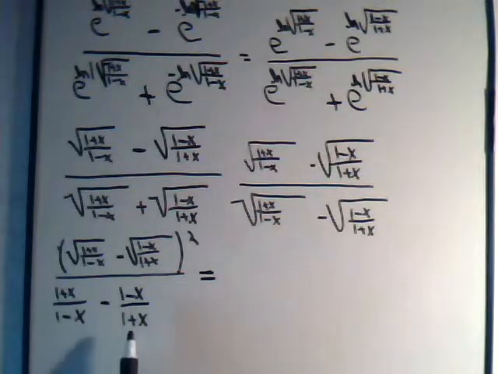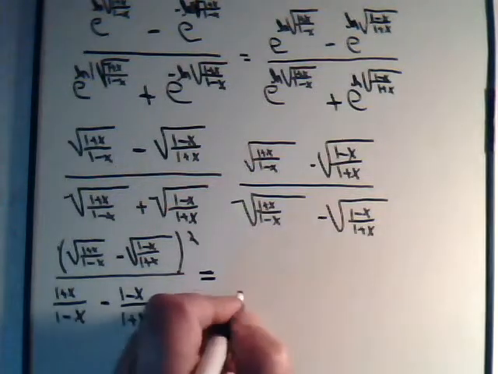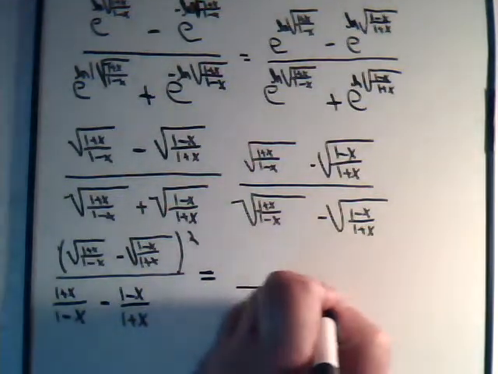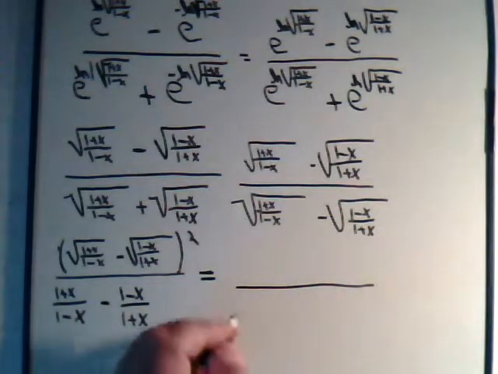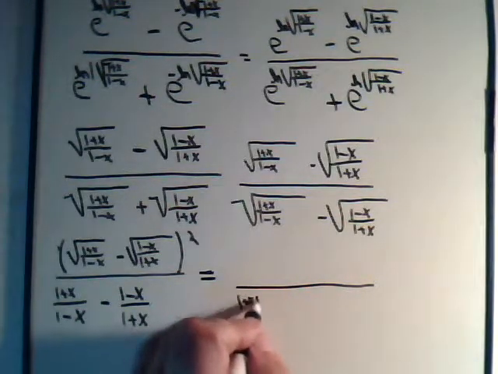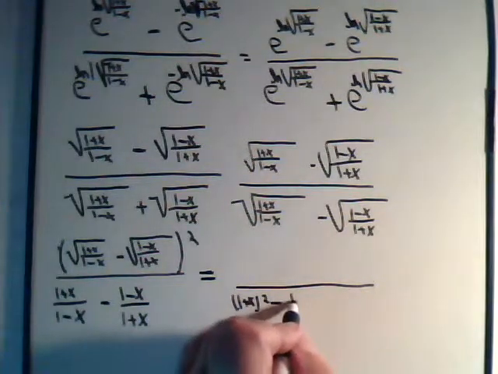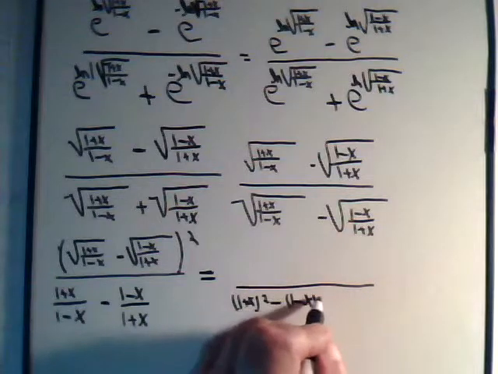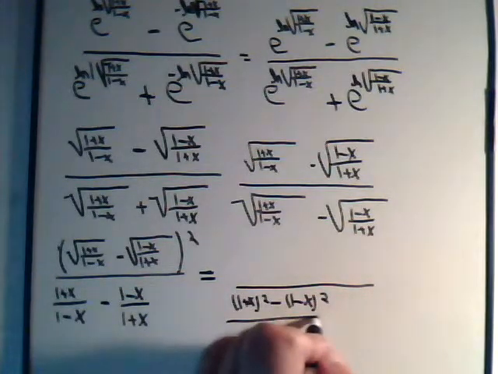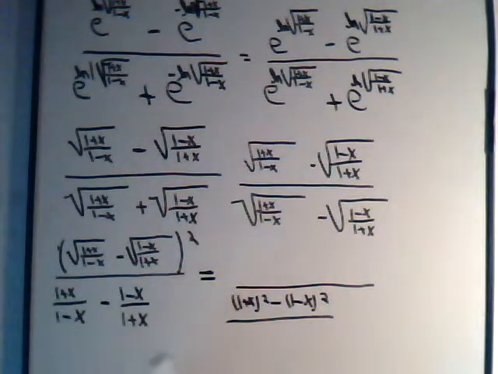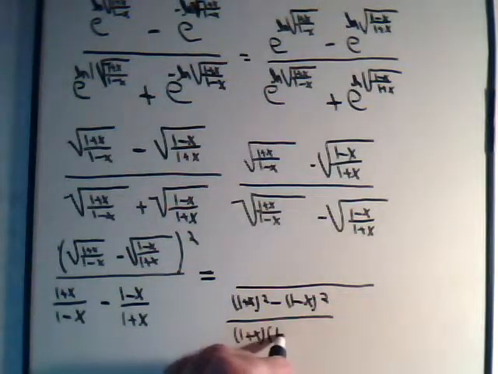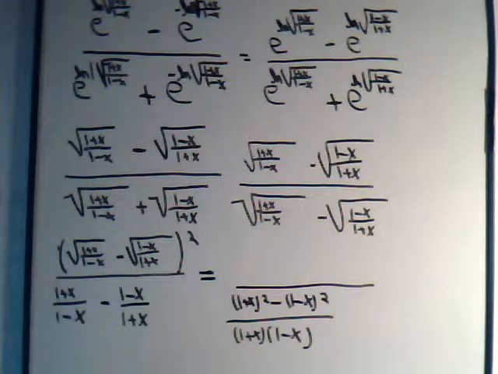Then we have this times this minus this times this over this times this. So down here we're going to have 1 plus x squared minus 1 minus x quantity squared divided by 1 plus x times 1 minus x.